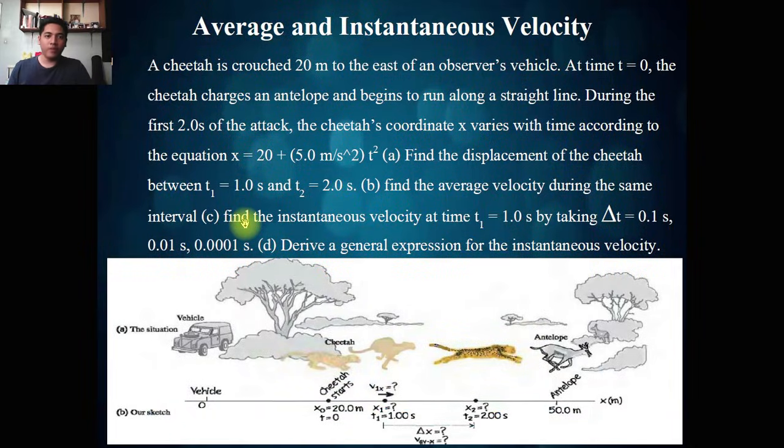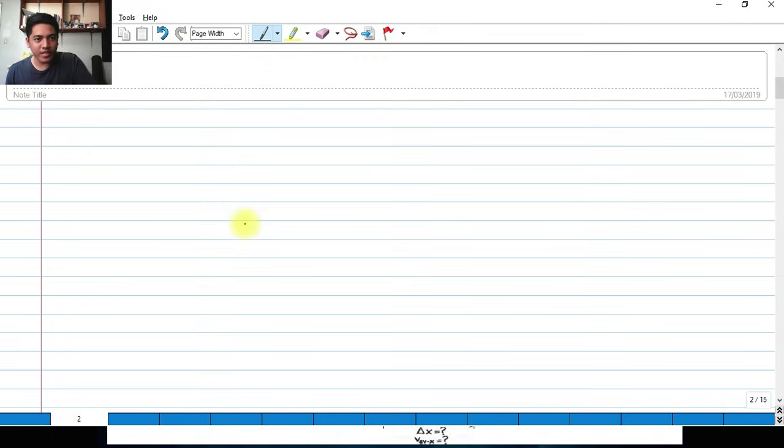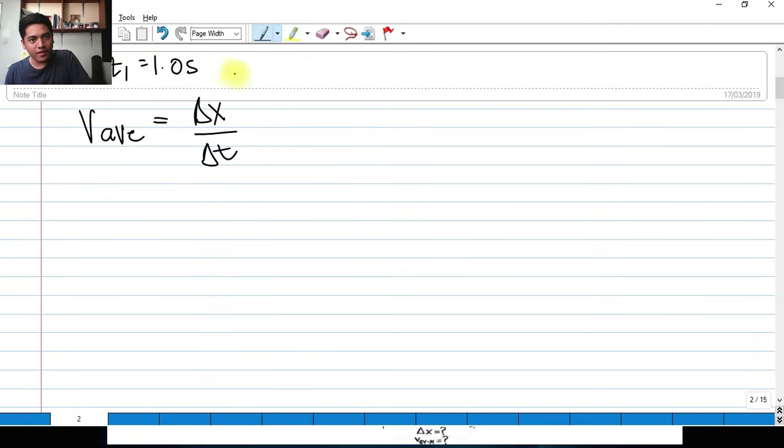So for our letter B, find the average velocity during the same interval. During the same interval, the average velocity is v average equal to delta x over delta t, at time interval t1 of 1.0 second and t2 of 2.0 seconds.